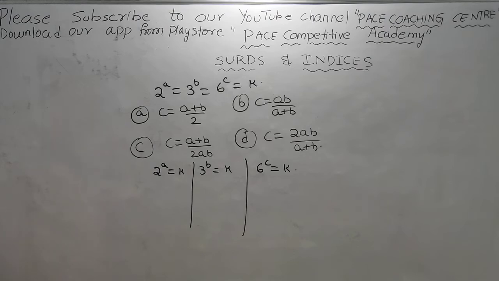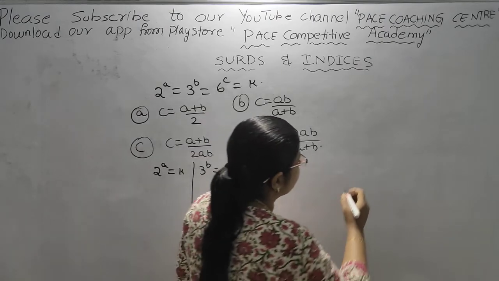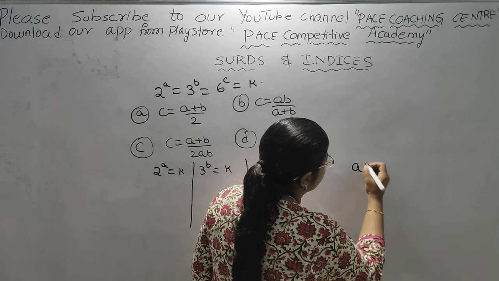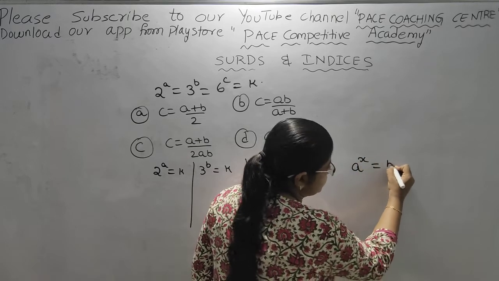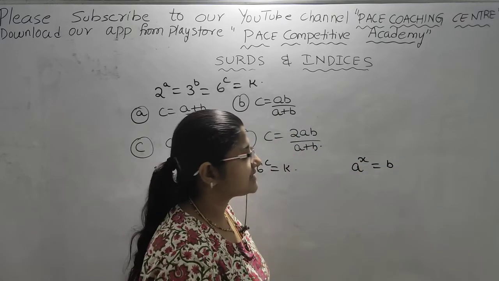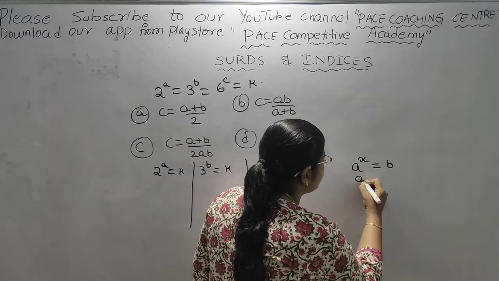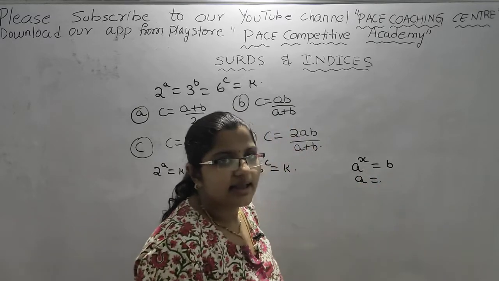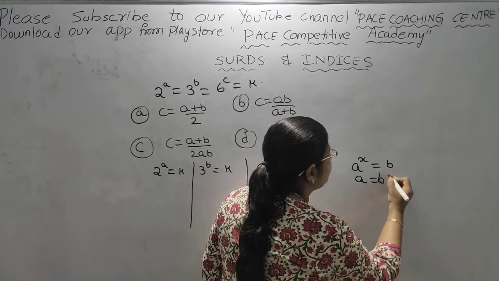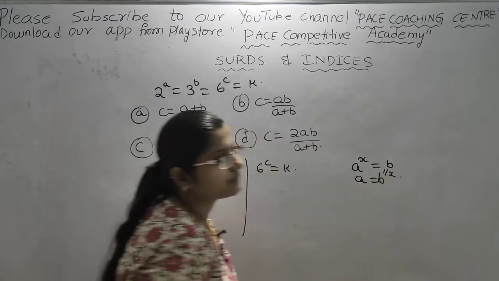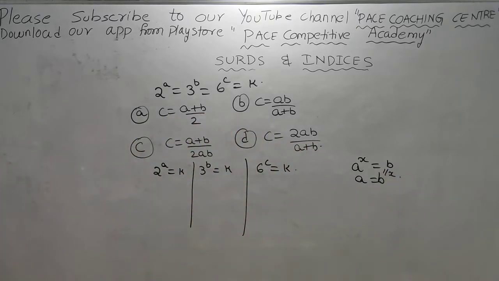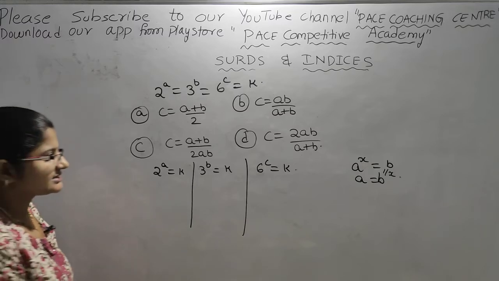From the law of indices, if a power x is equal to b, then a is equal to b power 1 by x. I have already told you in the law of indices, the last law. Check it, guys, in the previous lecture it is there.